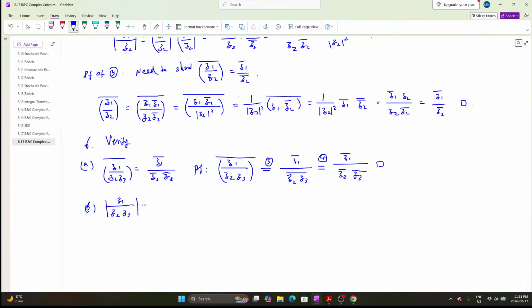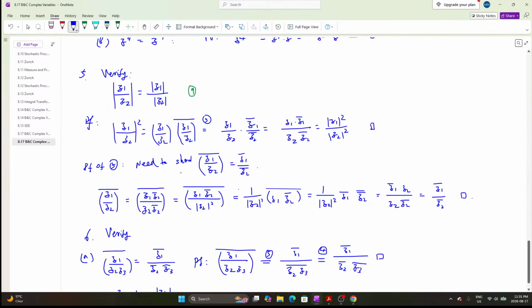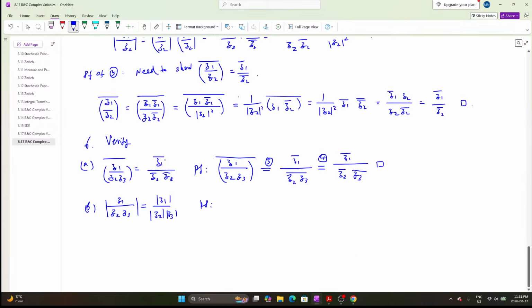Part B. You have z1 over z2 z3, taking the modulus, to be z1 modulus over z2 modulus times z3 modulus. The process should be very similar. Here we're going to first use 9 to break the modulus into both the denominator and the numerator.